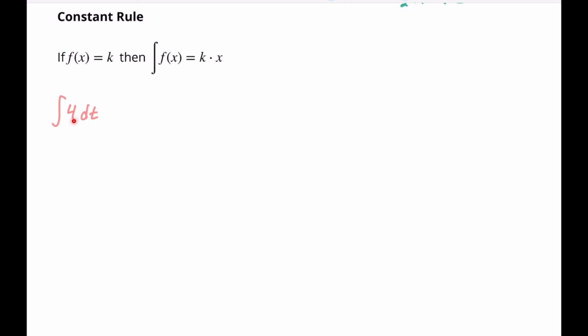But the integral of 4 with respect to t, okay, so now it says my variable of integration is going to be t. So that means the integral of this thing is going to be 4 times, well, whatever variable I had. But now I'm using t, so it's just going to be 4 times t. And of course, we're going to add a plus c on there. Usually we don't put that times in there, so we'll just say 4t plus c. And again, this is what I call the constant rule.